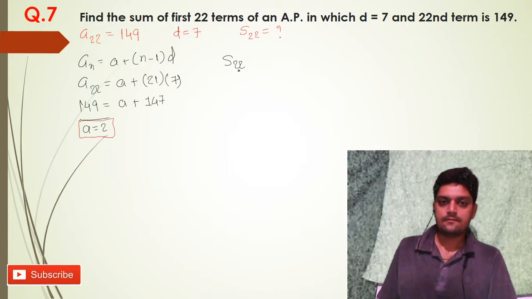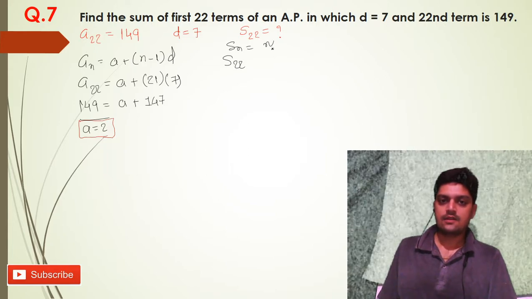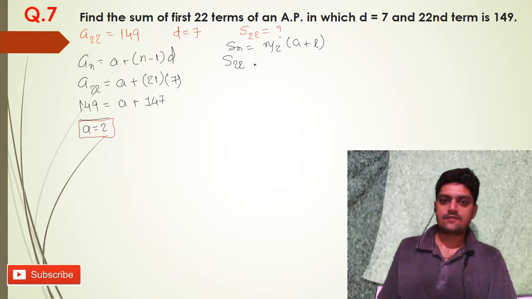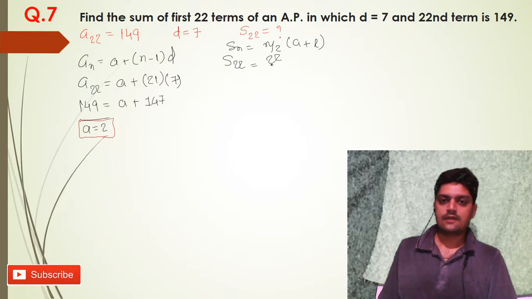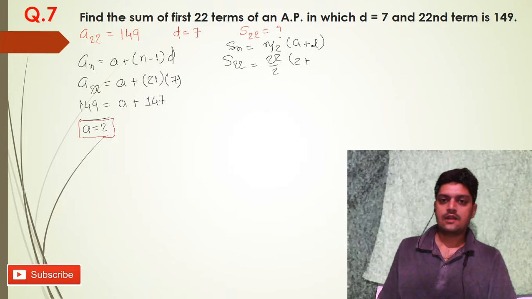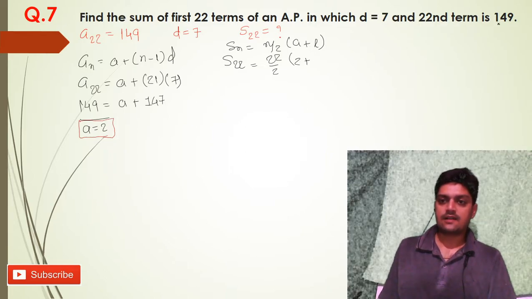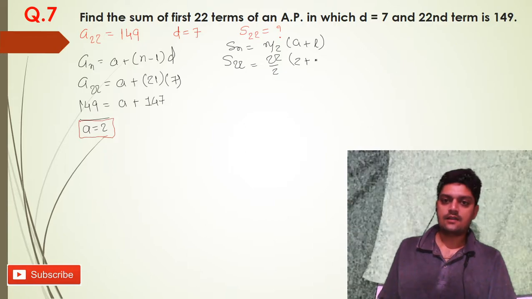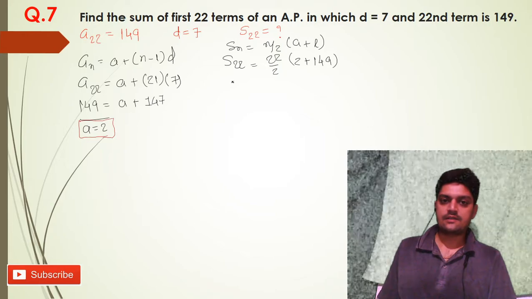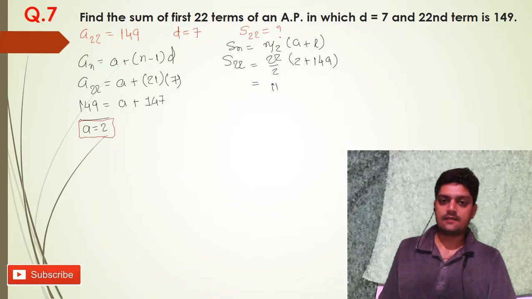S22. First let me write Sn. Sn is equal to n by 2 into a plus l. So S22 is equal to 22 by 2 into a. a is now 2 and plus l. l is what? Now the 22nd term, that is our last term, so that is 149. S22 we have to find. So 22 by 2, that is 11.